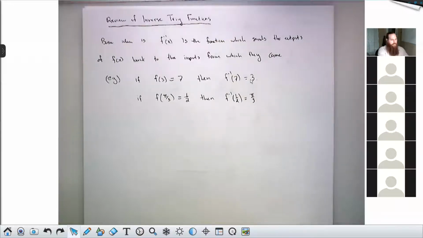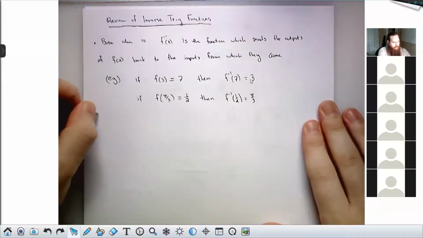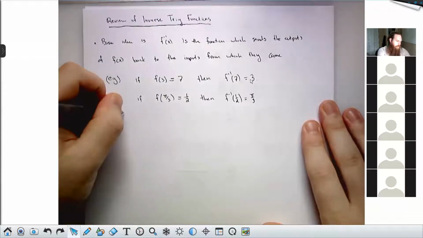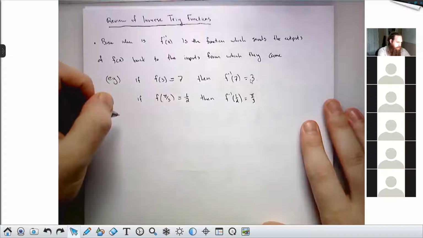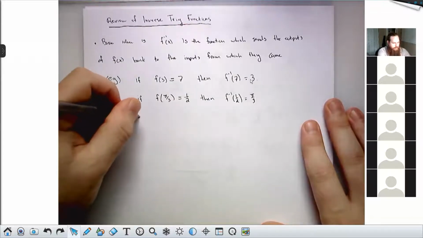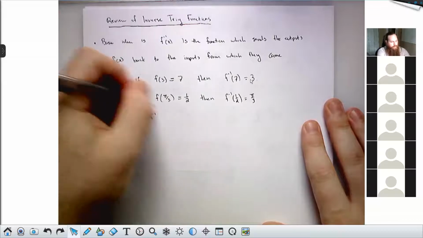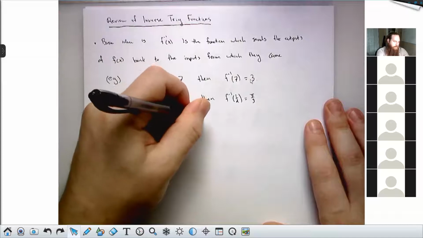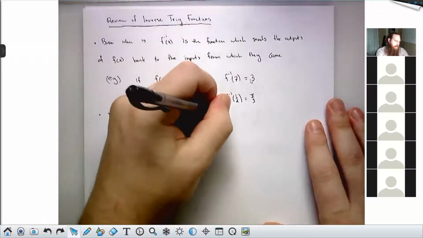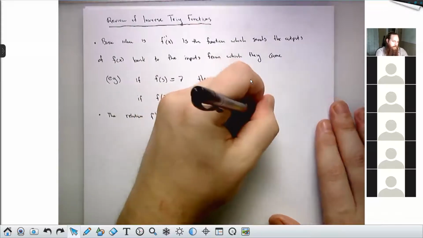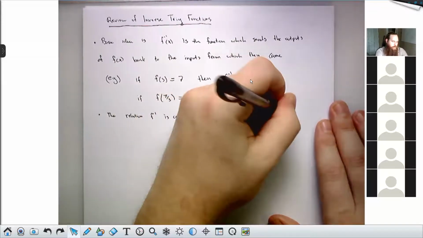The catch is, how should I call this? Not function, but relation. f inverse is only a function provided the original function f is 1 to 1.